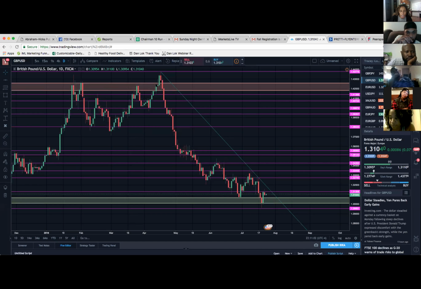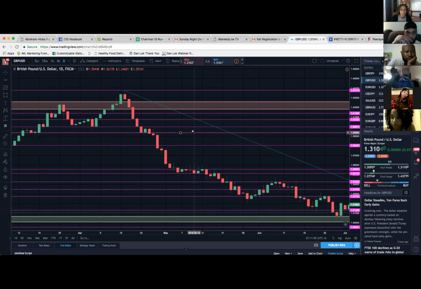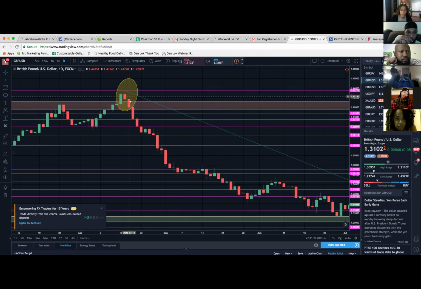Let me just make this bigger for a second. Y'all see we're talking about these 3 candles right here? So bull, bear, bear. And that middle one is the shortest one and it has a pin bar that goes to the top.